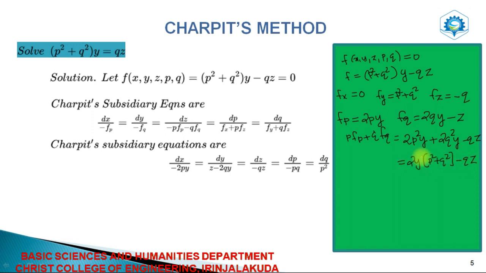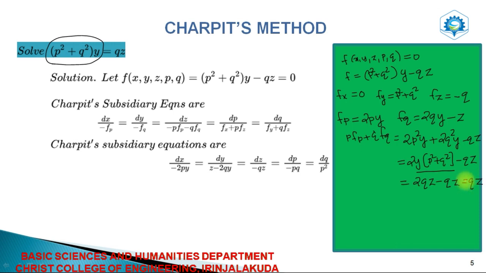Now just observe this term 2y into p square plus q square. That is actually right here in your given equation. Here you have p square plus q square into y equal to qz. So we can simply replace that one. So this is 2qz minus qz, which is equal to qz.